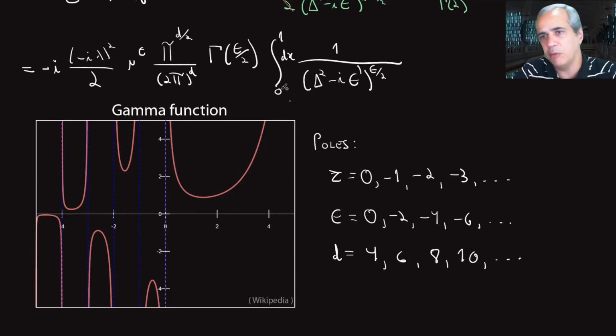So now what we need to do to make this even more explicit is expand everything that depends on epsilon here, this part, these two, this one, and this one, close to epsilon equals 0, to see how the function behaves near this pole, where we recover our physical case when we go back to 4 dimensions.